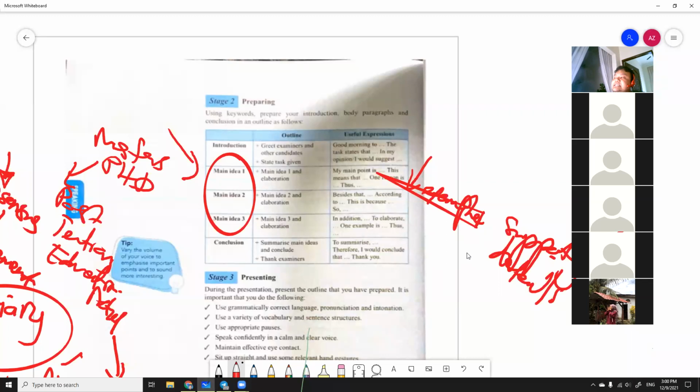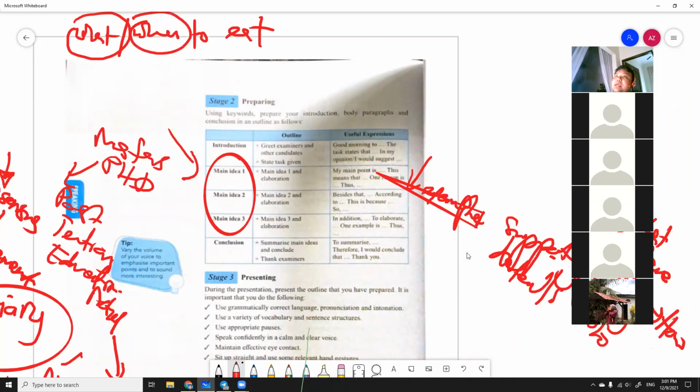Supporting details are a derivation of what, where, when, why, and who. And we also use how. Okay, but my advice is don't use all. Maybe for questions, for example, what or when to eat, you just focus on what and when, and you give out examples of situations as well.